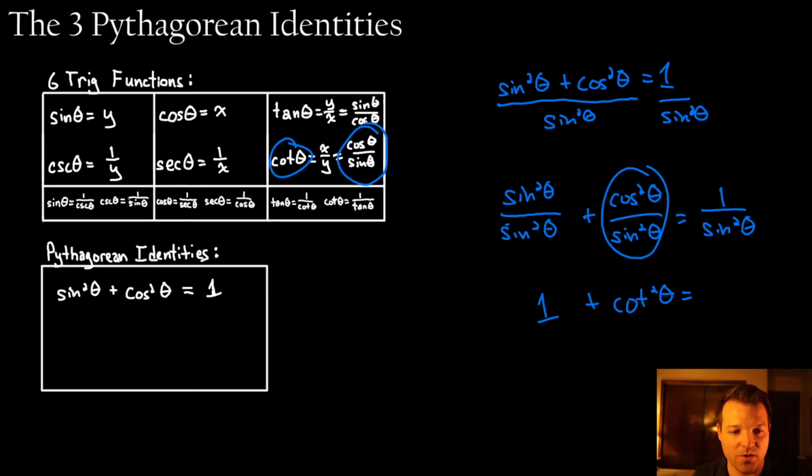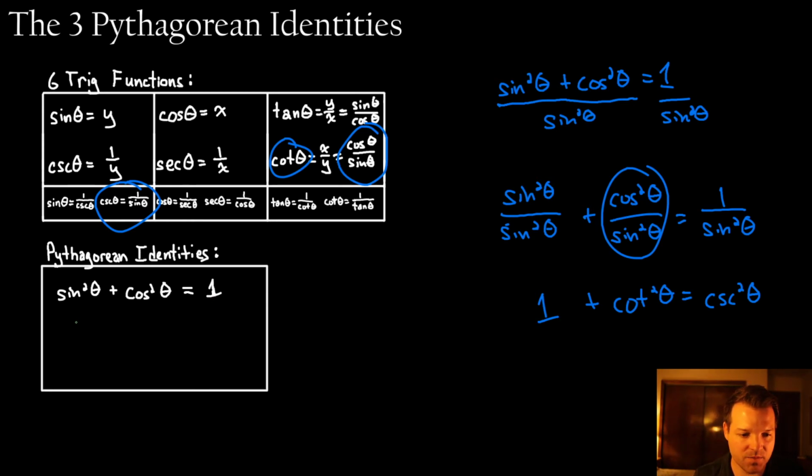Well, we know that the cosecant of theta is equal to 1 over sine. So this is not 1 over sine, this is 1 over sine squared, so this must be cosecant squared theta. And there we go. We found our next identity from the Pythagorean identity, just by dividing both sides by sine squared. So let's write that out.